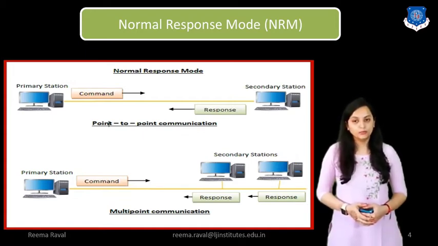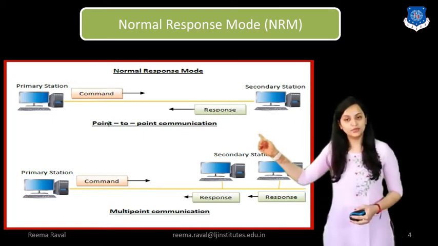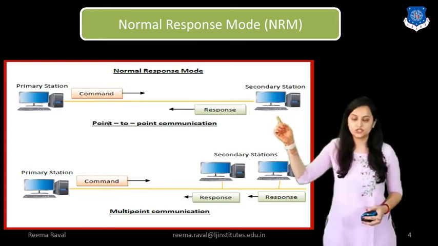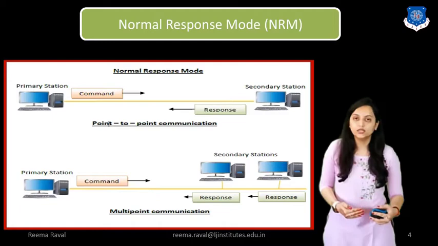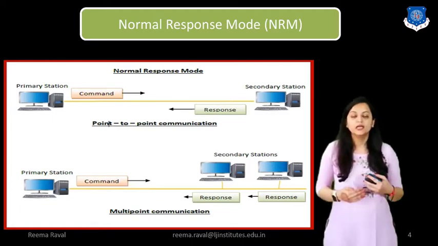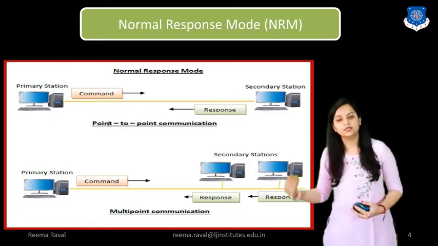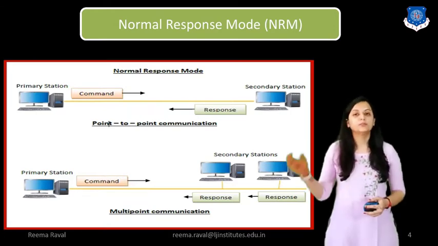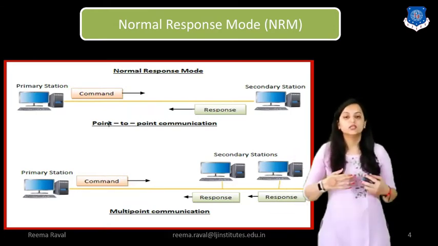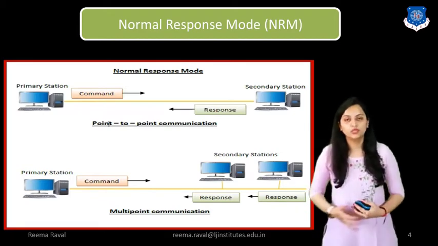In point-to-point communication, there is a single primary station and a single secondary station. When the primary station sends a command to the secondary station, the secondary station gives the response to the primary station. That is the normal response mode. That means for the particular command received, the response is given back to the sender.